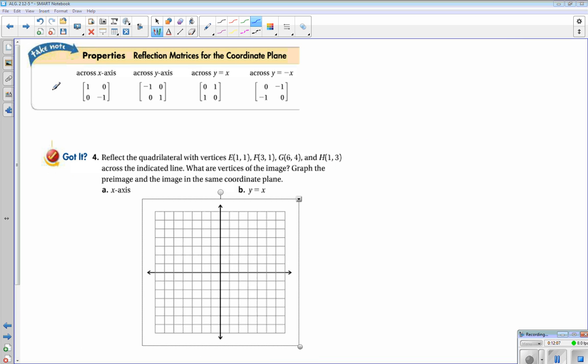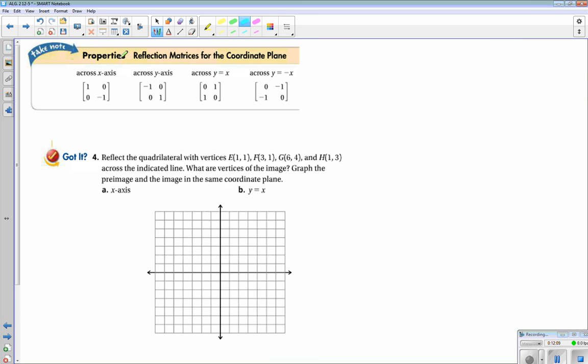All right, that was rotation, so let's talk about reflection. If we want a reflection across the x-axis, I multiply by this matrix. If I want a reflection across the y-axis, I multiply by this matrix. If I want a reflection across y equals x, I multiply by this matrix.